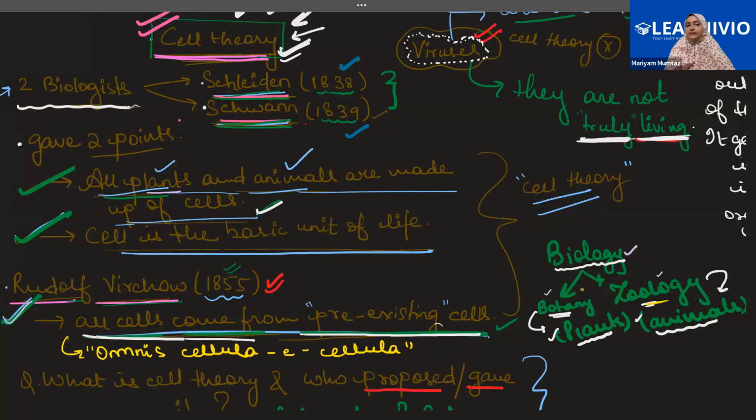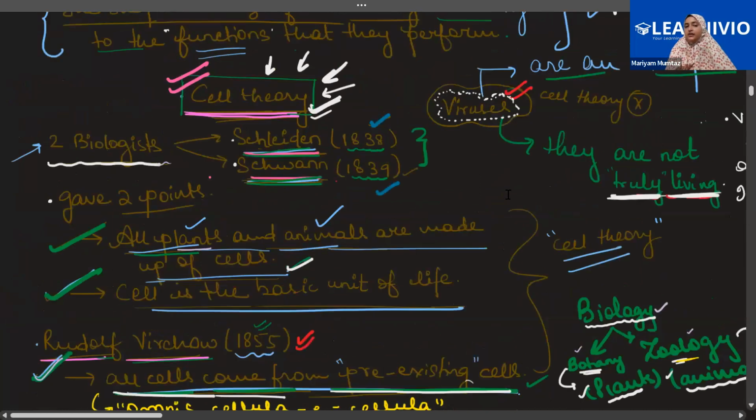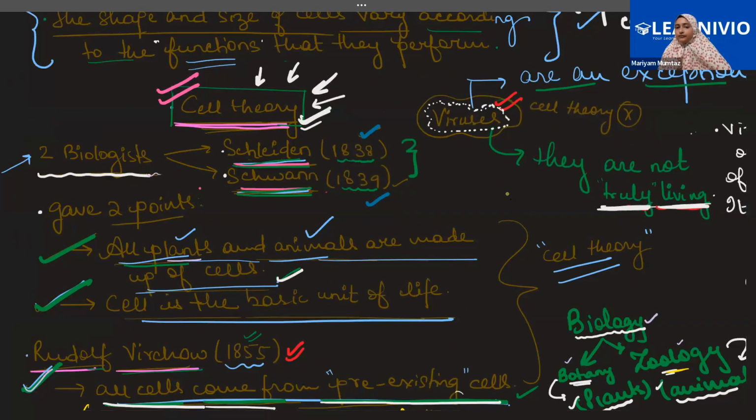At that point of time, there were two biologists, Schleiden and Schwann. Schleiden was the botanist and Schwann was the zoologist. Schleiden studied plant cells, Schwann studied animal cells. Both of them came to one conclusion: plants and animals are both made up of cells, and the cell is the basic unit of life.